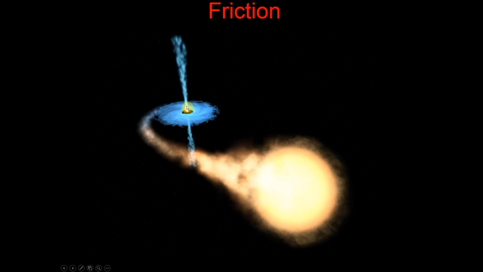And as it does so, it gets backed up and essentially has a traffic jam of material. This traffic jam ends up with incredible amounts of friction generated within, and this actually generates more energy than the thermonuclear reactions in a star. So friction at its highest level is one of the most powerful forces in the entire universe.